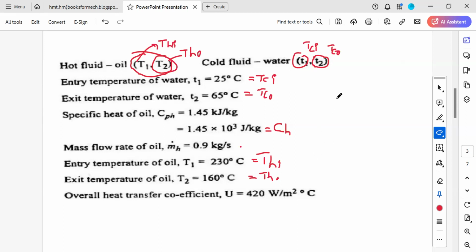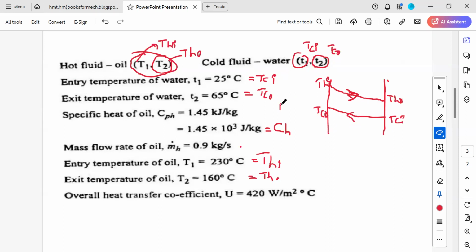Since it is a counterflow heat exchanger, the temperature profile will be as follows. The hot fluid will be flowing like this, from THI to TH naught, and the cold fluid will be traveling in the opposite direction, from TCI to TC naught.